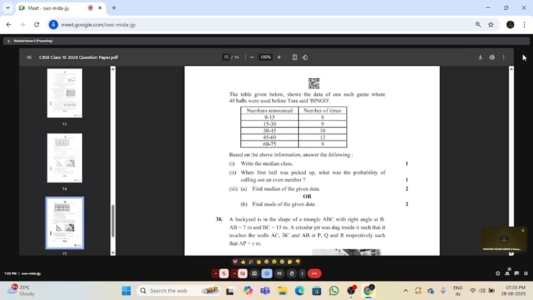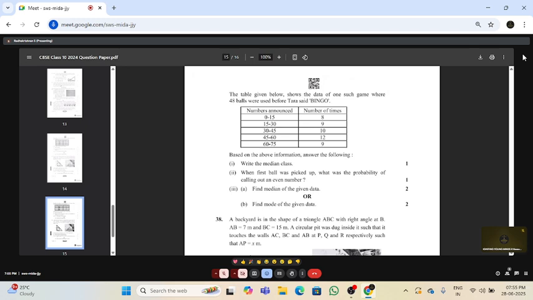So this is already from the 10th portion. So from this data, what is the median class? How do you determine what is the median class? 45 to 60.